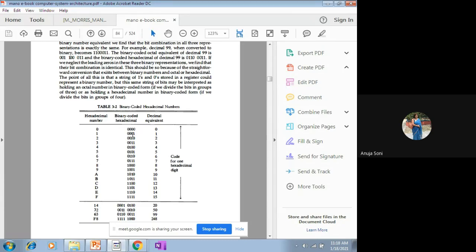So these are the binary coded forms corresponding to the given hexadecimal symbols. Whenever you have to directly convert a number from hexa to binary and vice versa, you have to directly substitute these combinations, these values.